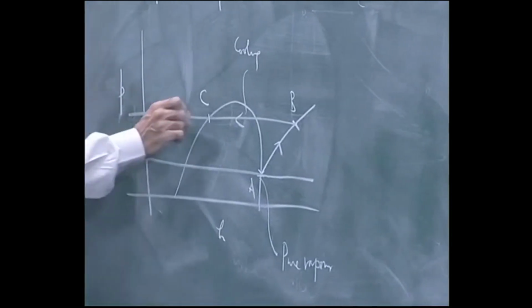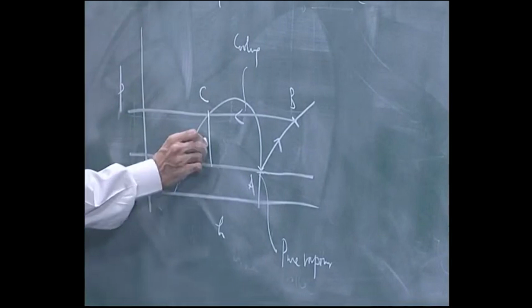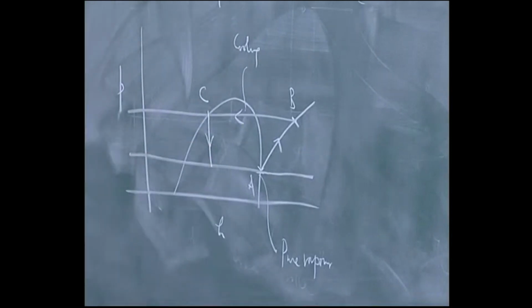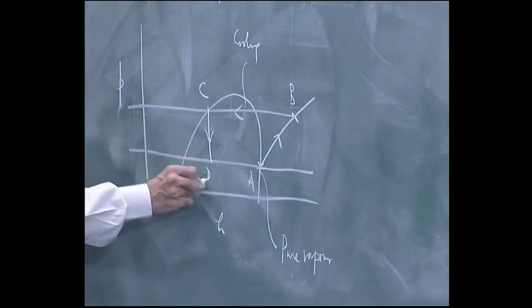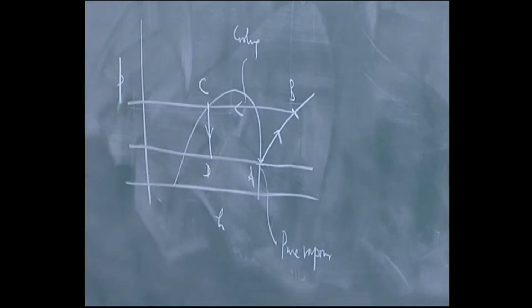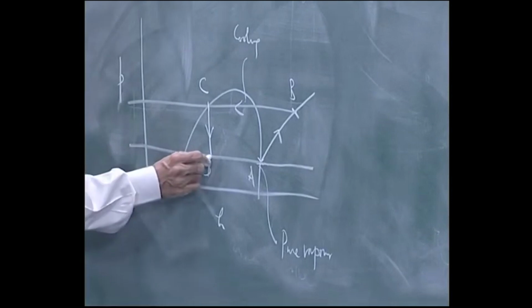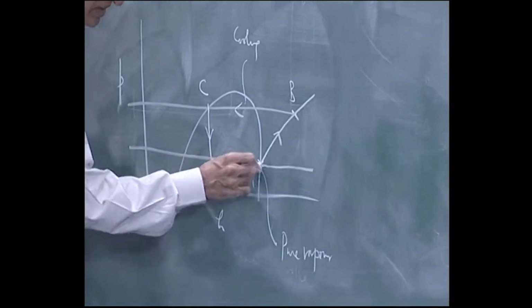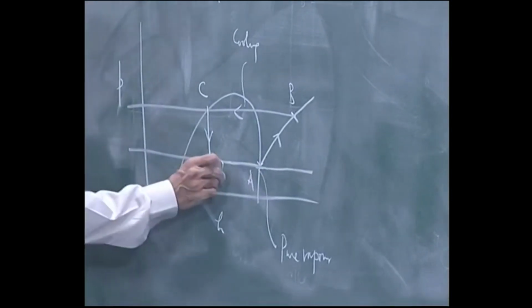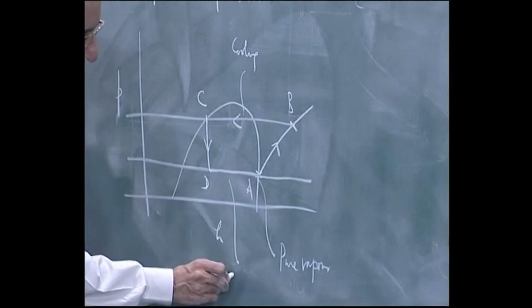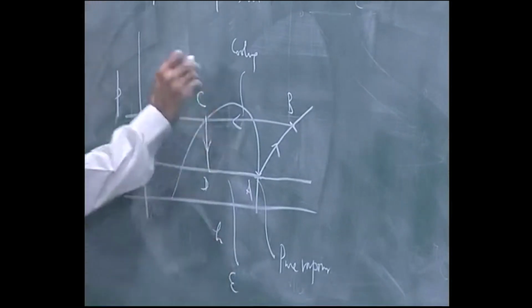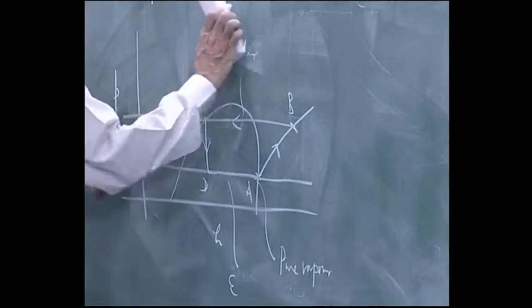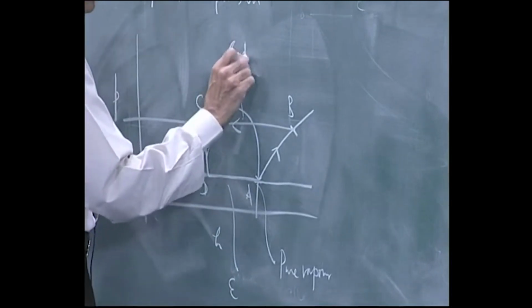then I carry through an isenthalpic process, this is called throttling. So, you bring it down to a point D where you get a mixture of liquid and vapor, and then whatever liquid there is you evaporate here. Actually I will call this condensation and I will call this evaporation.